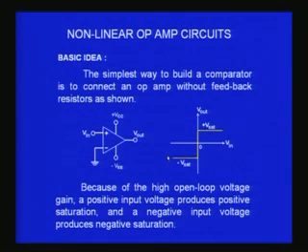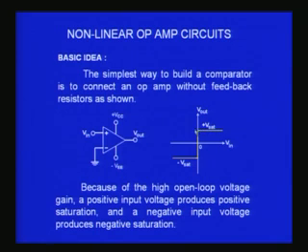You can see, the x axis is input voltage, the y axis is output voltage, and this is 0. So when I go for input voltages less than 0, that is on the negative side, the output voltage is minus Vsat, which is actually almost minus VCC. And when I go on to the positive side of the input voltage, you find it goes to plus VCC.